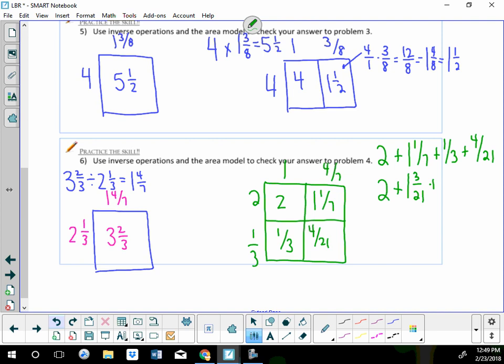When I was grading your quizzes, the biggest mistake that I noticed is that you guys just didn't add your whole numbers. So we have 3. And then if I add together each of my fractions, 3 plus 7 plus 4, that would be 14/21, which I can simplify to 2/3. So that lets me know that I have the correct answer, and I checked it using inverse operations.